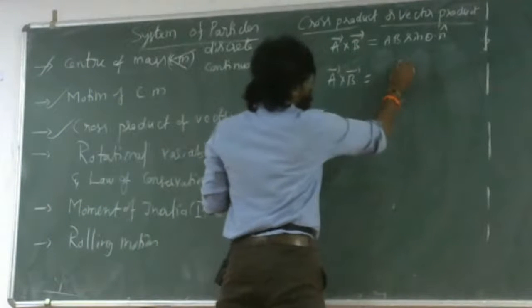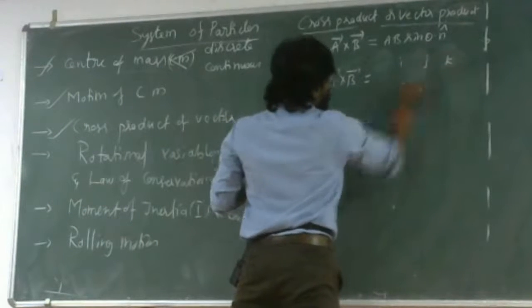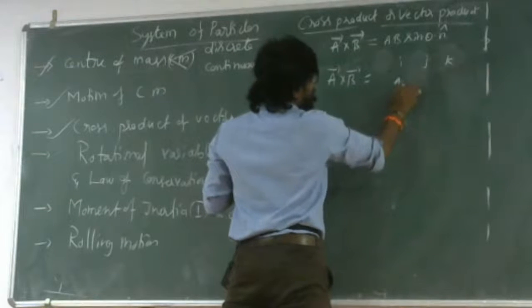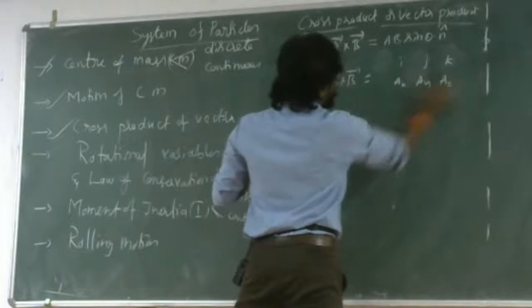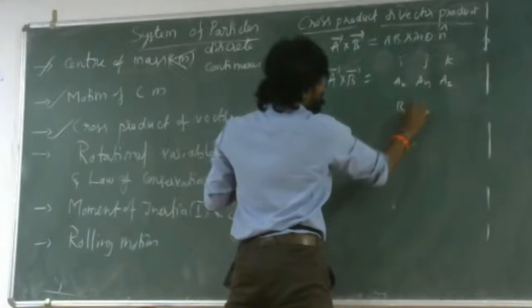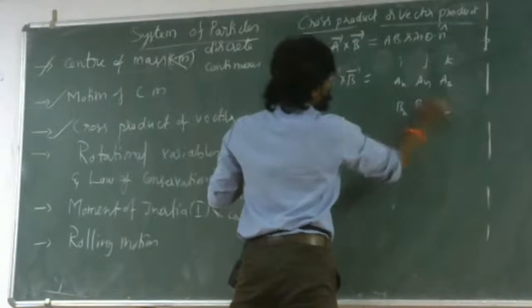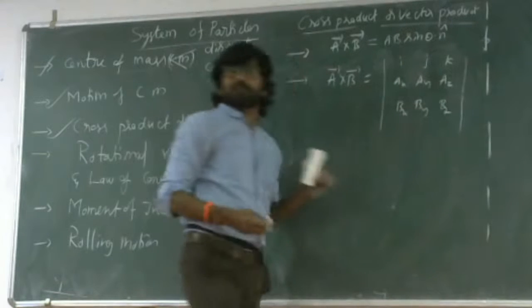Determinant method. In this you have to take i, j, k and the components of A, AX, AY, AZ and components of B, BX, BY, BZ, and I hope you remember how to do it.